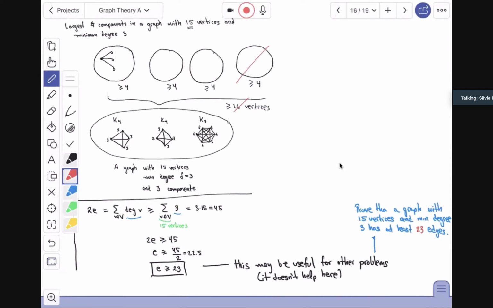But usually this relates degrees to the number of edges, right? So if you need bounds on the number of edges or on the degrees, for example, if they give you the number of edges, maybe they told you something about some degrees and they ask you for the minimum degree or the maximum degree, this might be helpful.